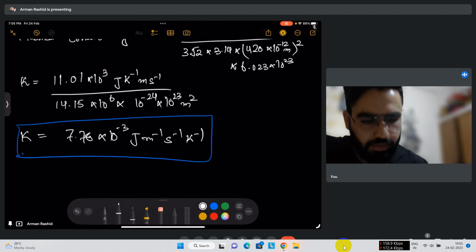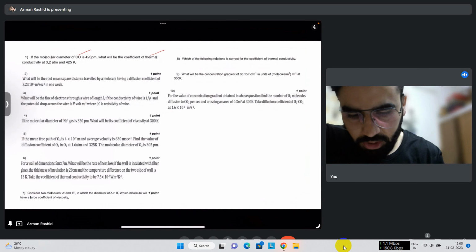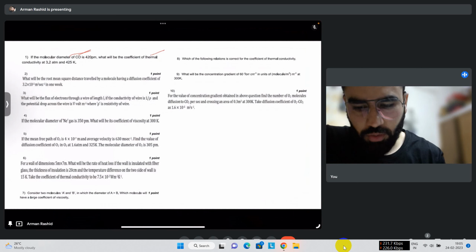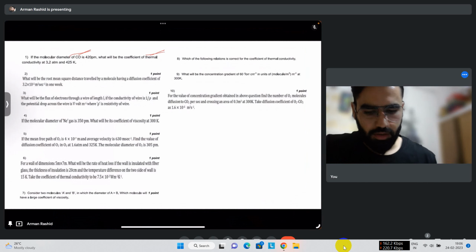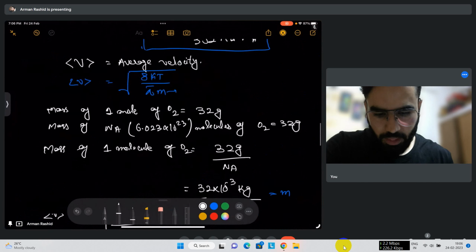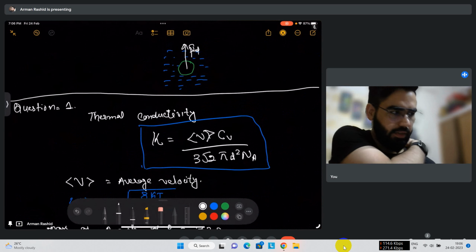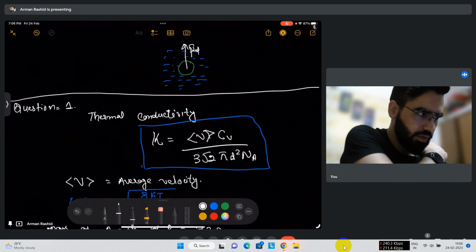So what actually we had is the molecular diameter was given, and the thermal conductivity coefficient was to be determined. So we have used this equation, which I have shown how to get in the third session of this TA session.